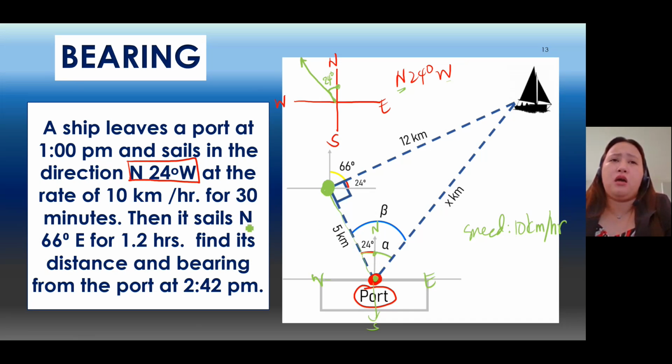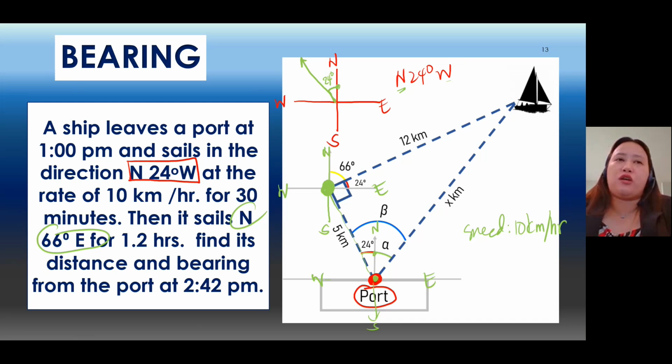Next. So it sails north 66 degrees east. The same, you can draw vertical and horizontal lines here, or you can have a cross. So north, and then we have here west, south, and then east. Again, it is said north 66 degrees east.